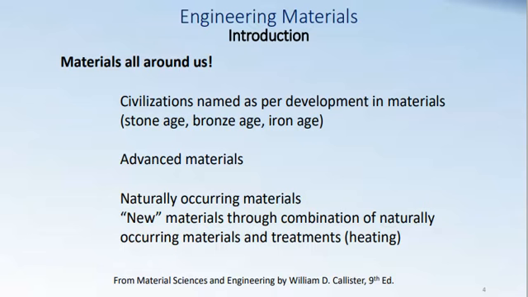What is the age of today's civilization in reference to the materials? Do you have any guess? What would you like to say? Materials are naturally occurring, or we can develop materials today with the help of different techniques. We can design materials as per our needs.